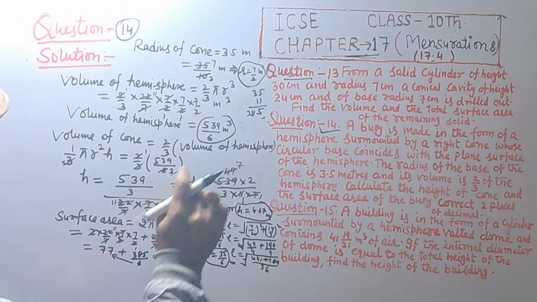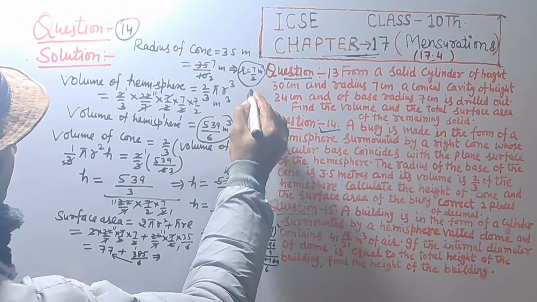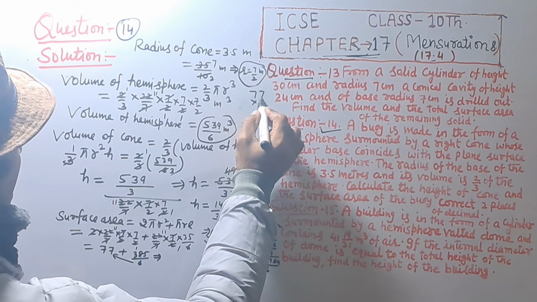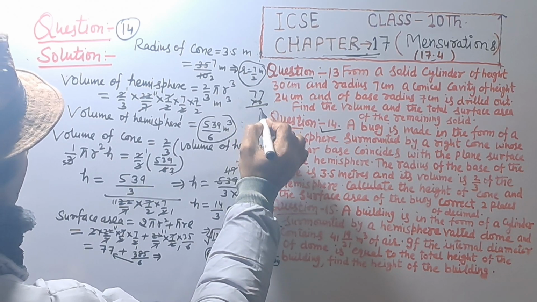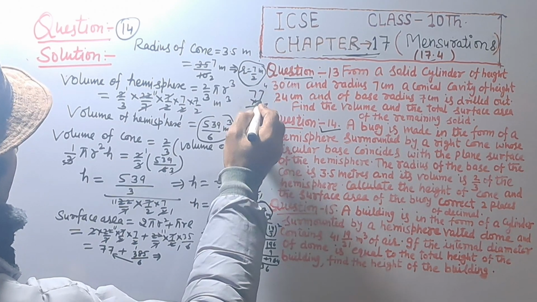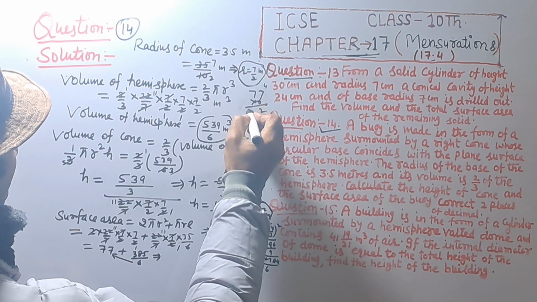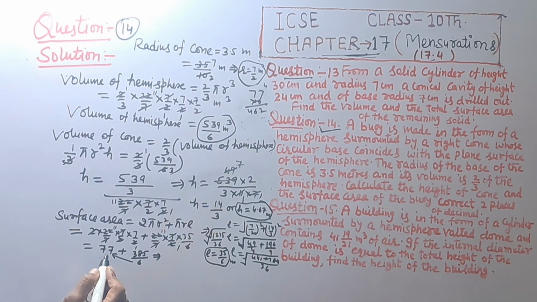which implies 77 into 6. 6 7s are 42, 42 4 carry, 6 7s are 42, 42 plus 4, that is equal to 46.